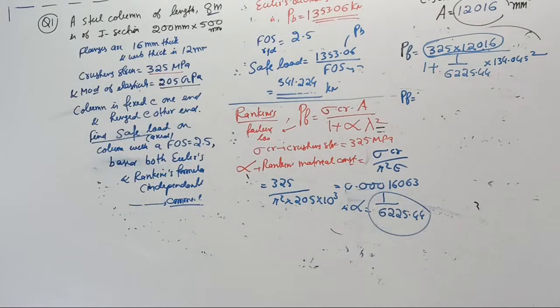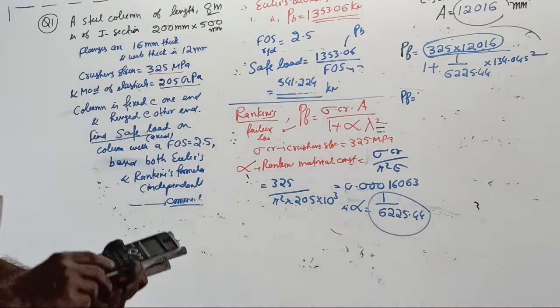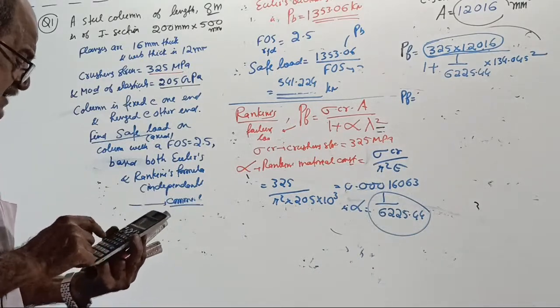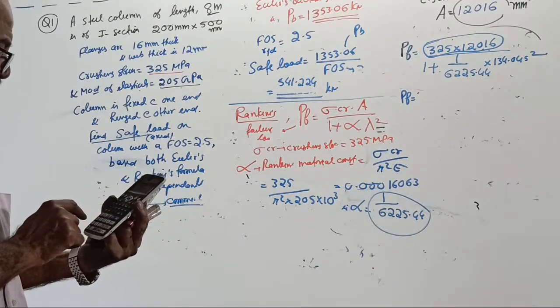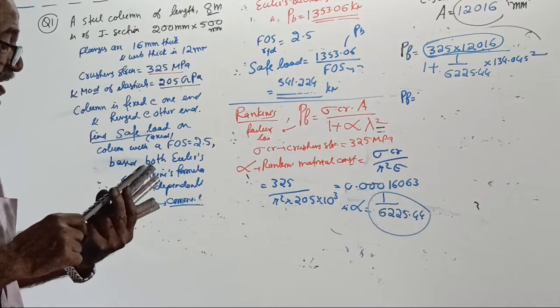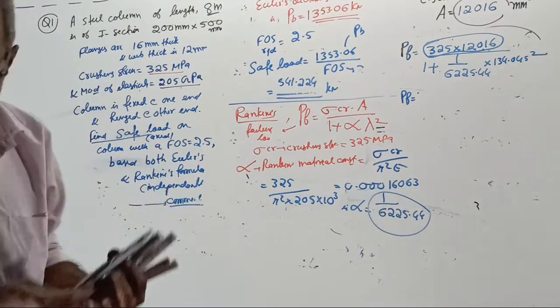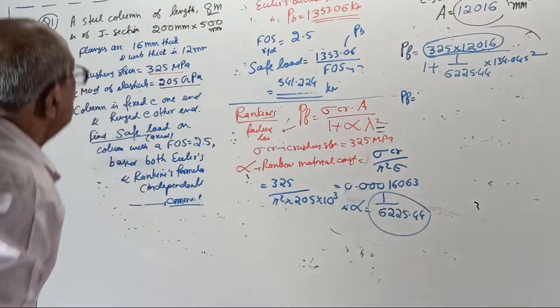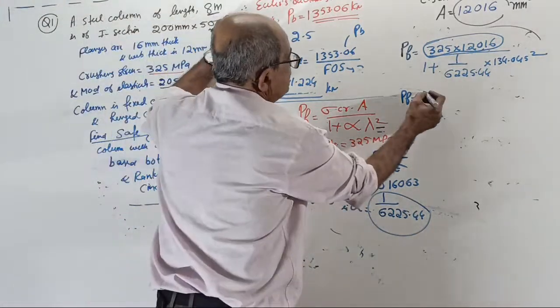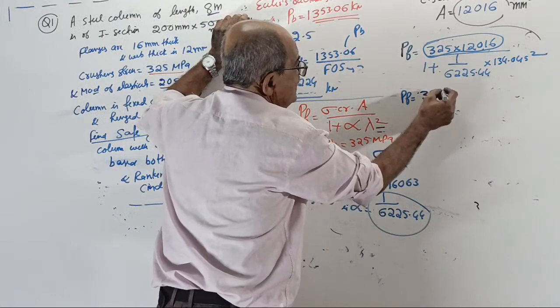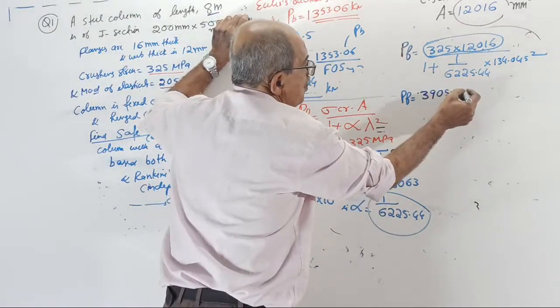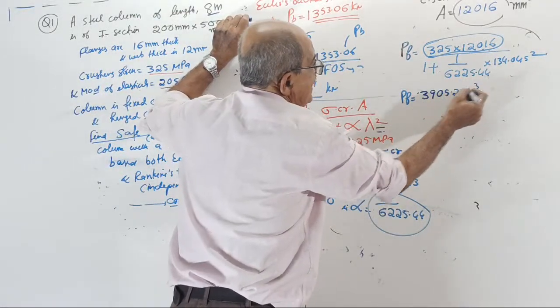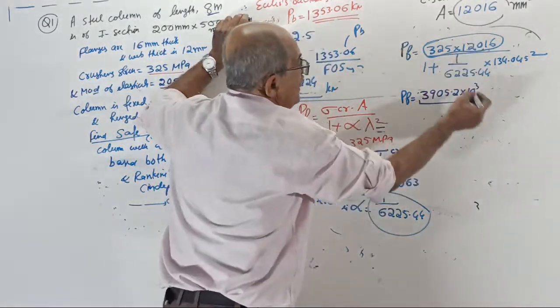See, 325 into 12016, you are not giving me the answer. It is 3905.2, correct? 3905.2 into 10 to the power 3. This is the number here.